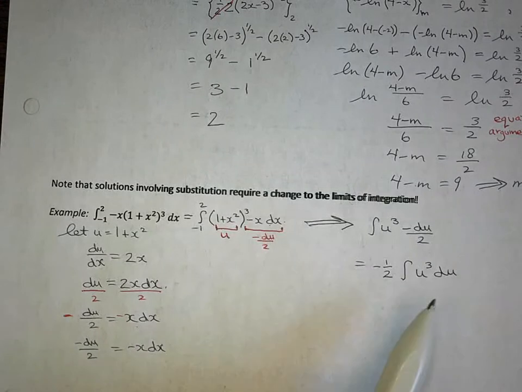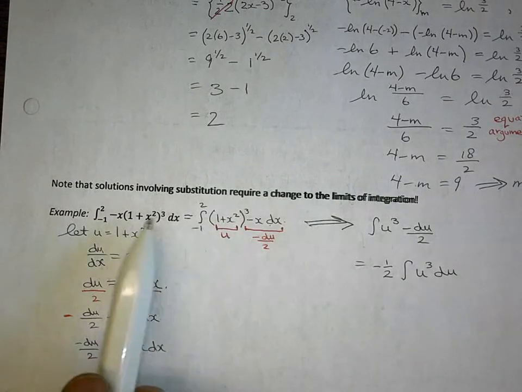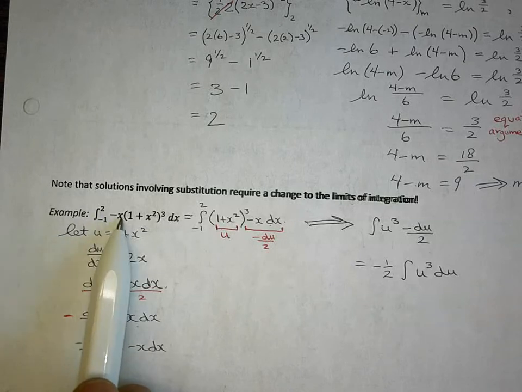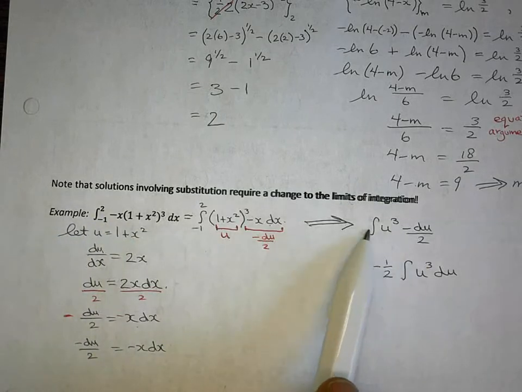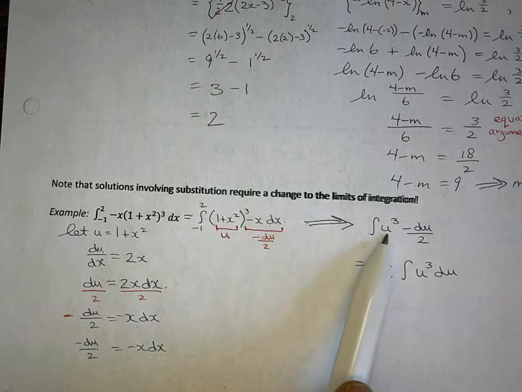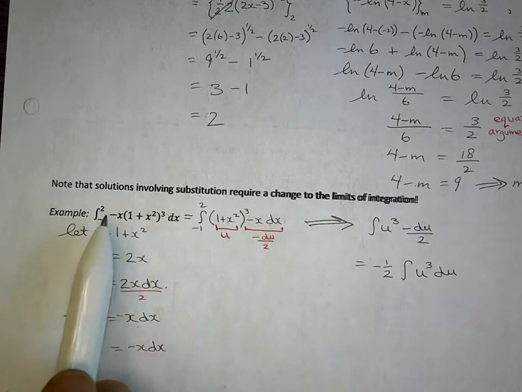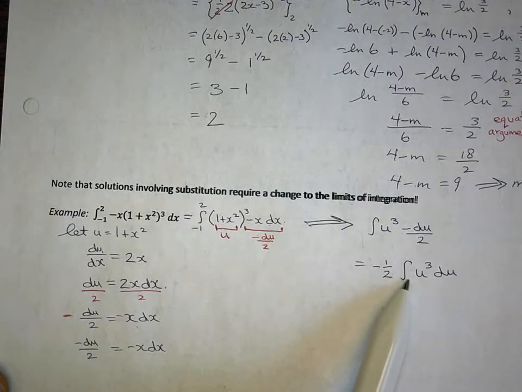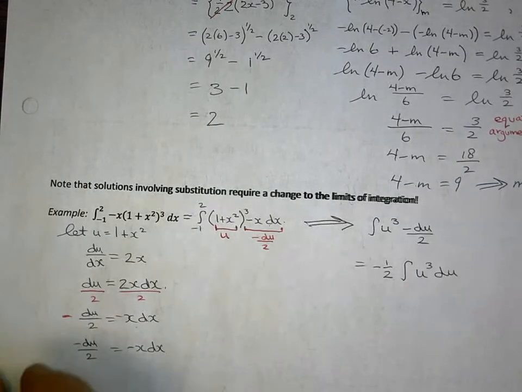Now here's the big problem. This integral has limits of integration in terms of x. This integral has limits of integration in terms of u. I can't just use these over here, because these have to do with x's, these have to do with u's. So if you're going to use this equation to solve, you have to find the new bounds, the new limits of integration. I'll do that down here.